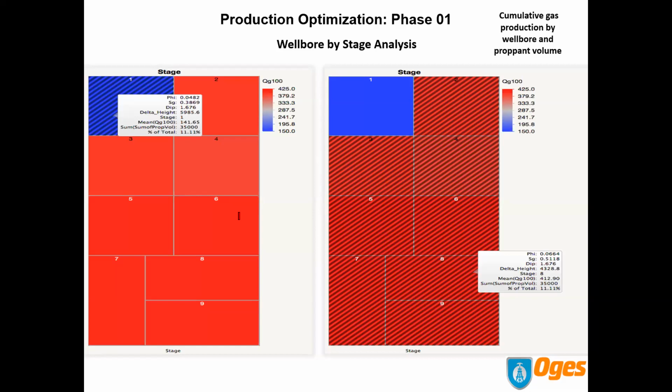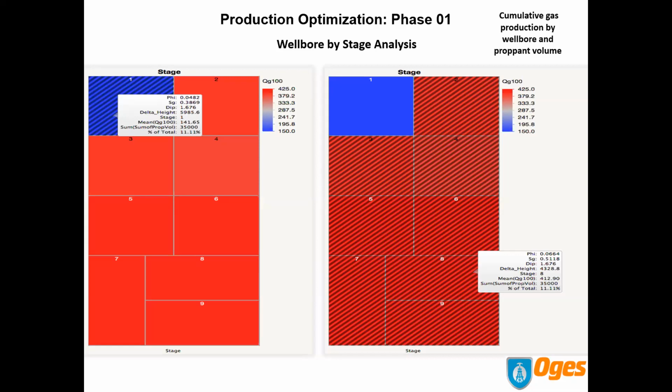We can locate that wellbore, but we can also understand which stages to shut in. We don't need stage 1 if we have a wellbore 10 type of new well that's going to be drilled across this anticlinal structure, because we don't want to generate water.